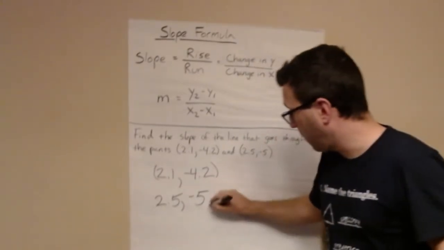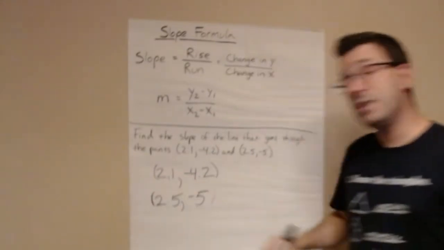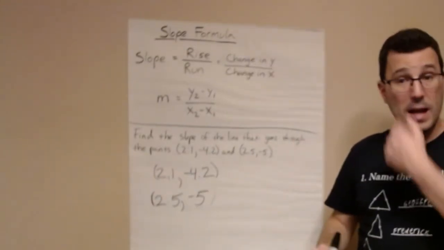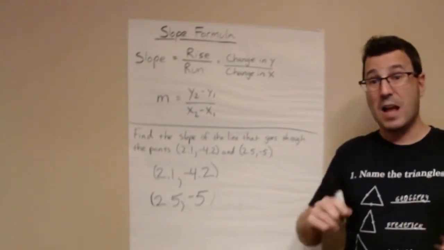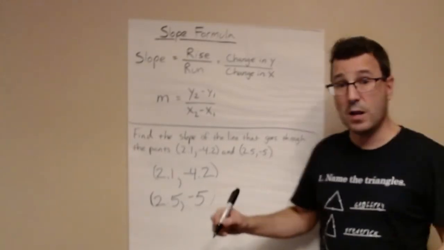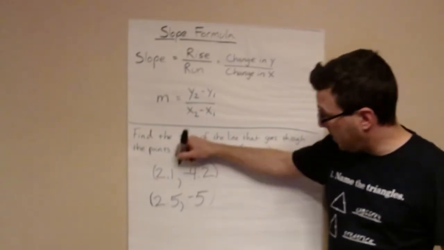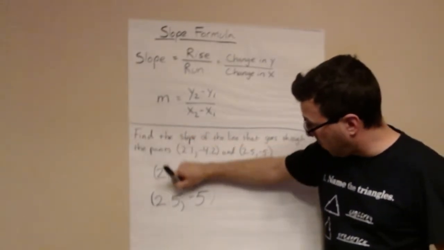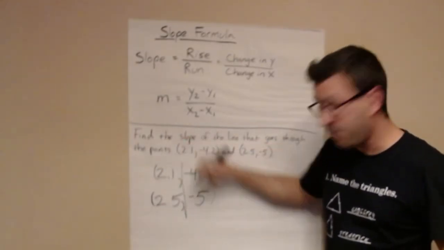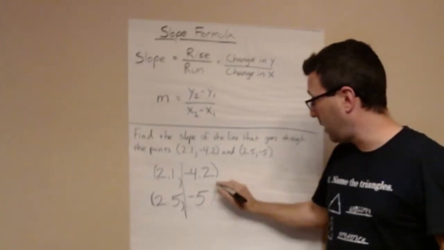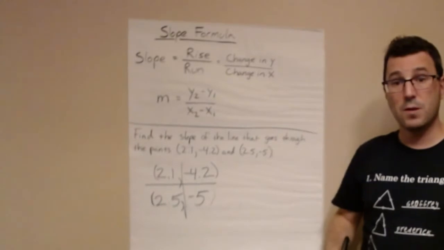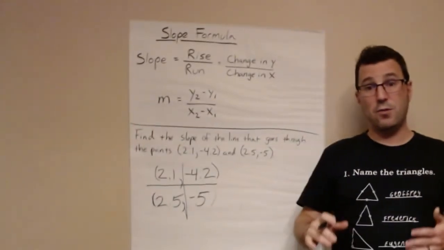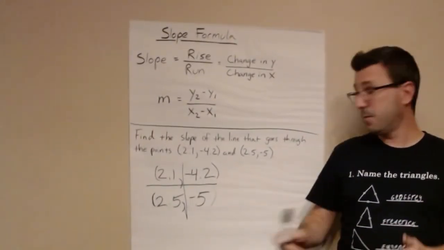Now, the reason I do this is so that I can make a little diagram. So what I do is I draw a line straight up and down, and I draw a line straight across. So I separate it into 4 different sections.